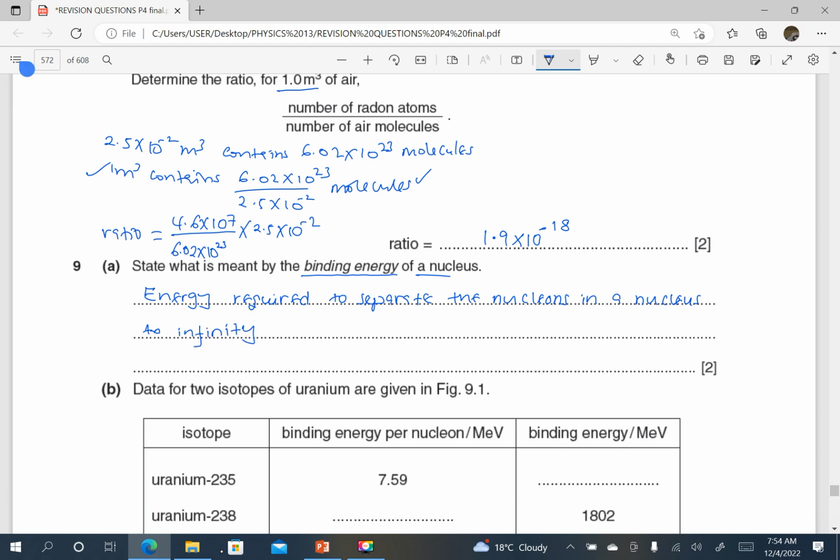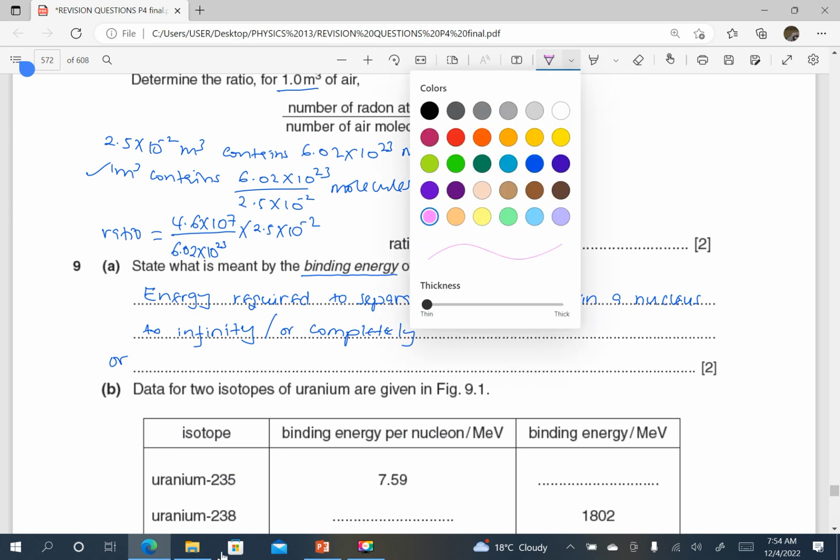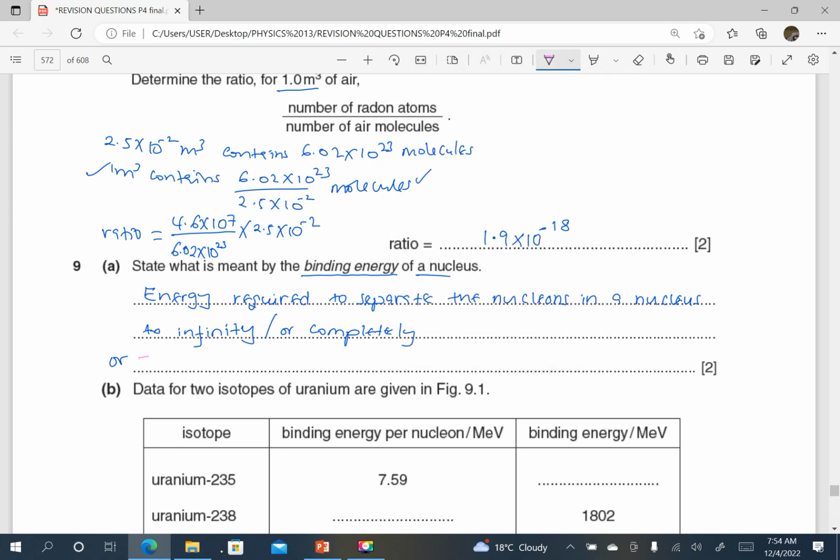You note that when I talk about infinity, I said the particles do not experience any force due to each other. So it means they are infinitely far away from each other. By the way, it can also be the energy released when nucleons combine from infinity to form a nucleus.